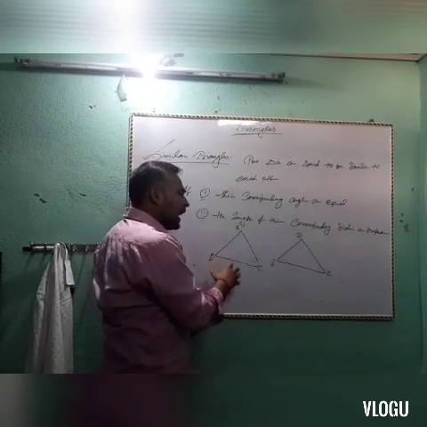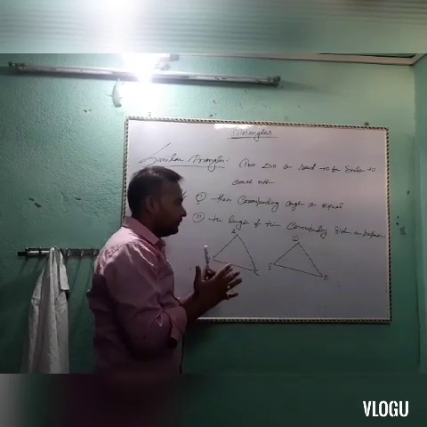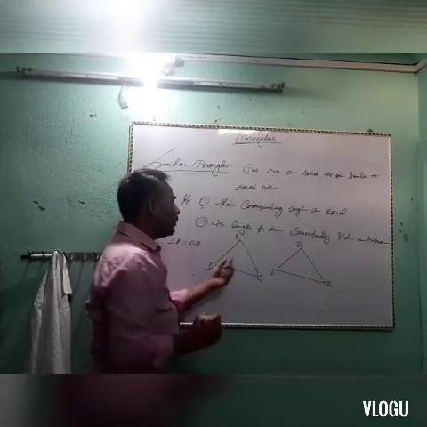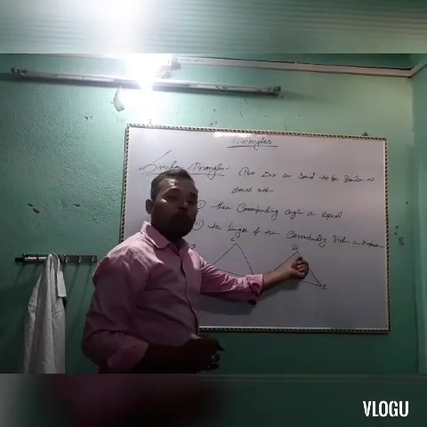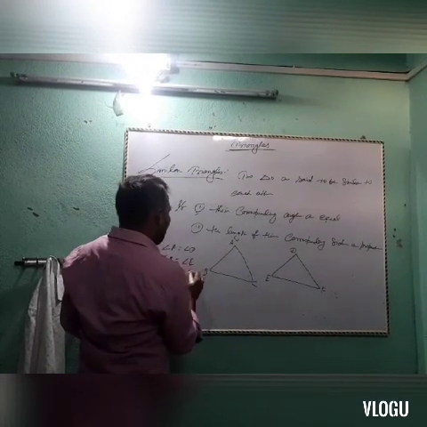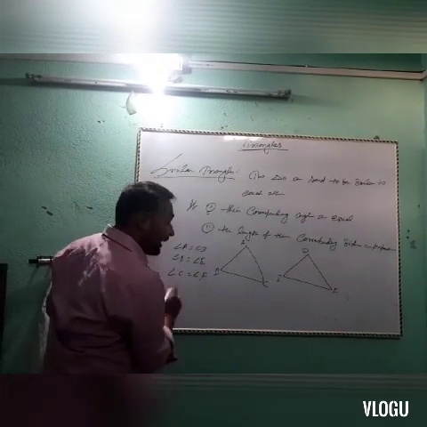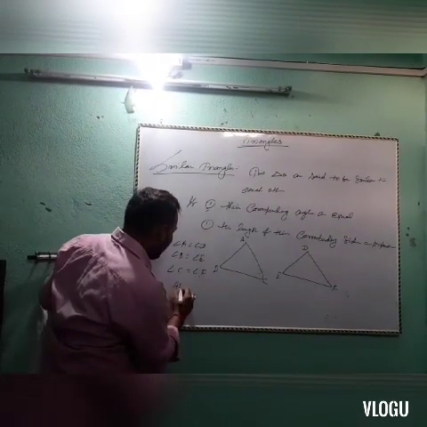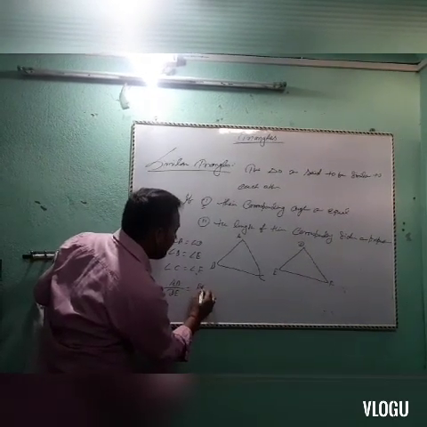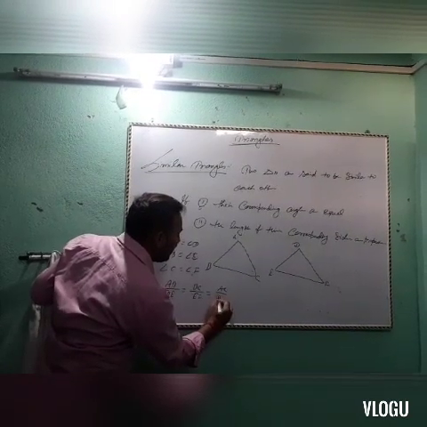If they exactly cover each other, then angle A equals angle D, because angle A and angle D are corresponding angles, angle B equals angle E, angle C equals angle F, and second condition, AB by DE equals BC by EF equals AC by DF.